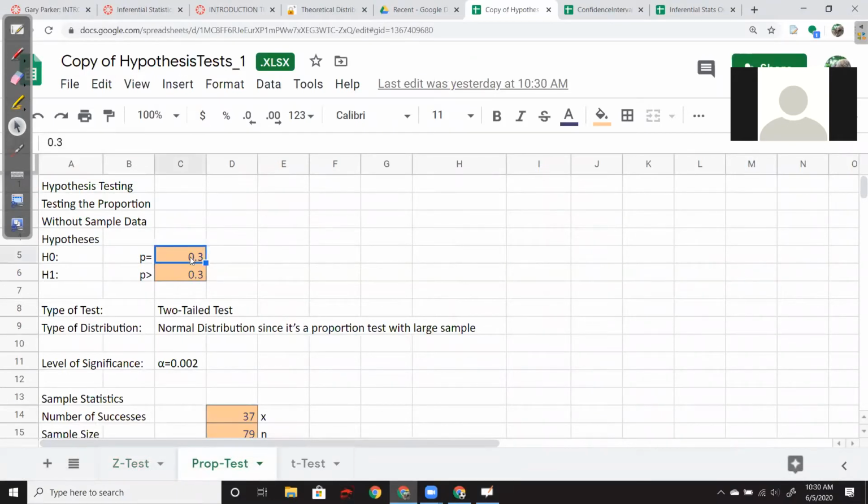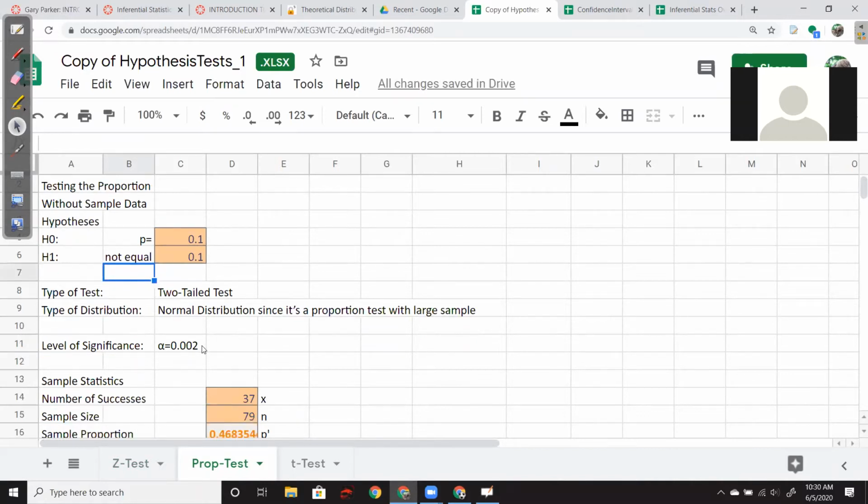So I have 0.1, 10% is what we think the population is. And then this is again 0.1, but I should have a not equal there. I'm just going to type not equal. It's easier than finding the symbol.